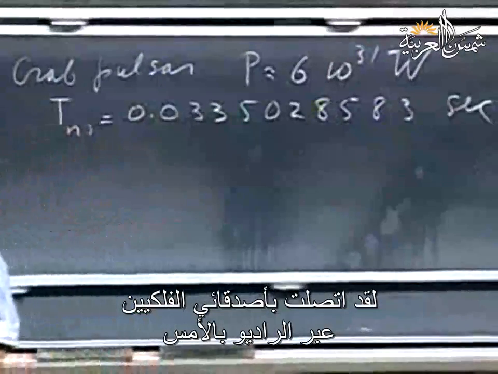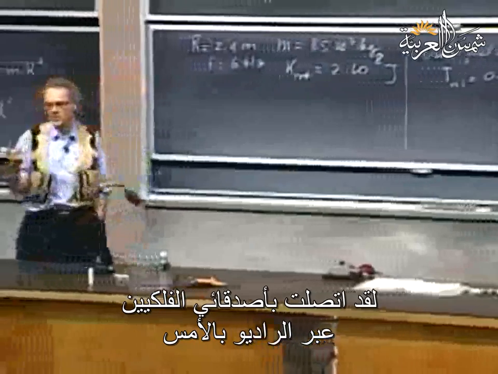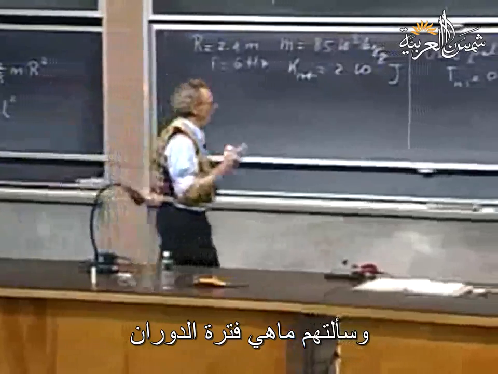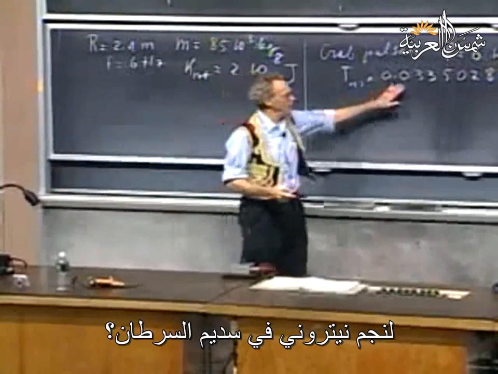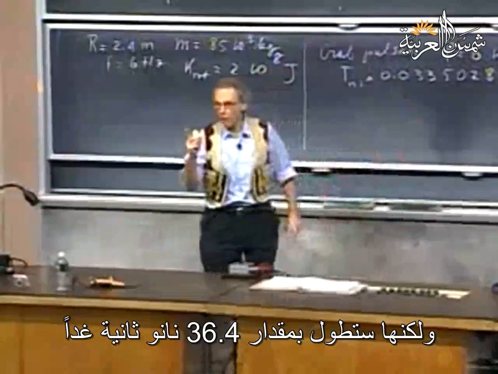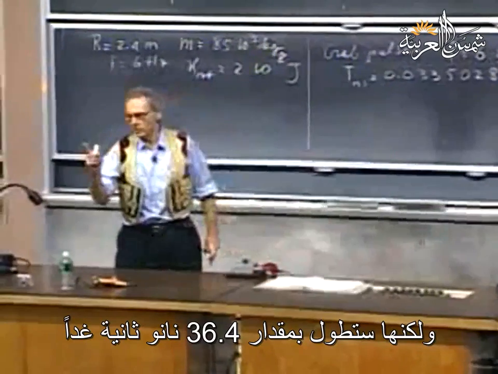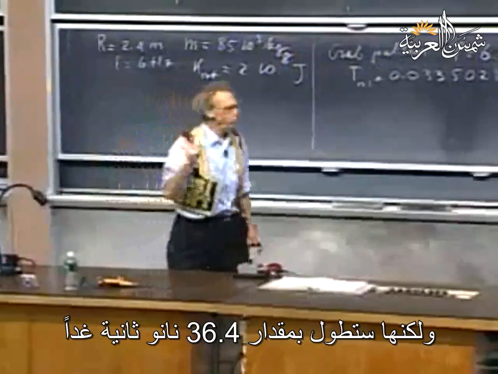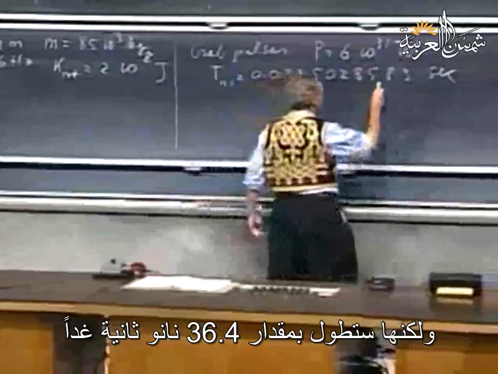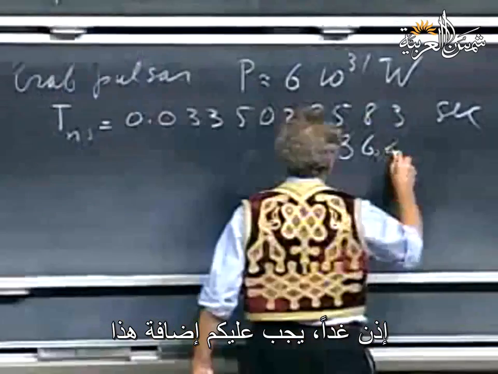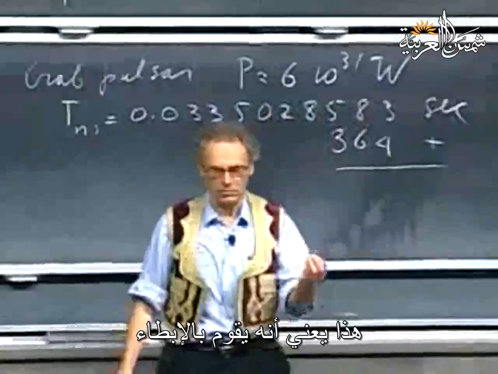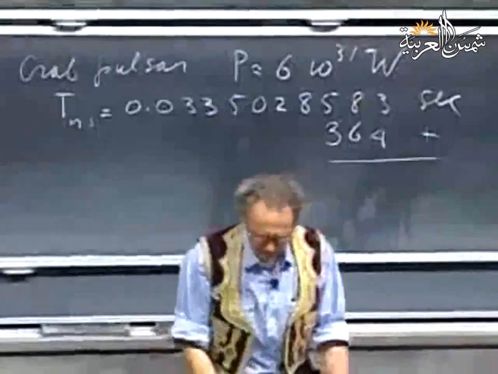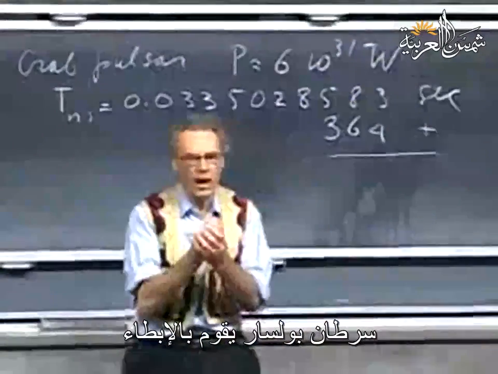I called my radio astronomy friends yesterday and I asked them, what is the rotation period of the neutron star in the Crab Nebula? And this was the answer. Tomorrow, however, it is longer by 36.4 nanoseconds. So tomorrow, you have to add this. That means it's slowing down. The Crab pulsar is slowing down.